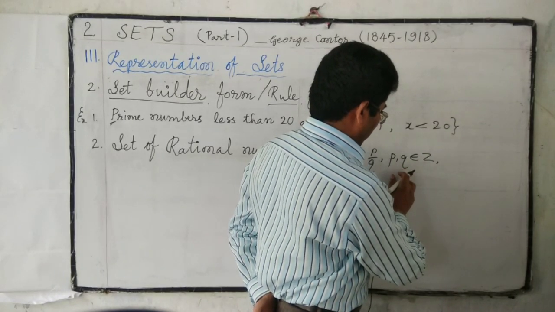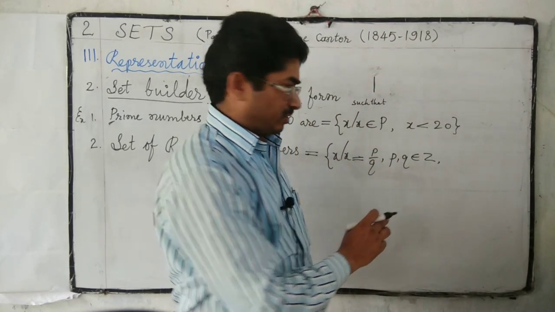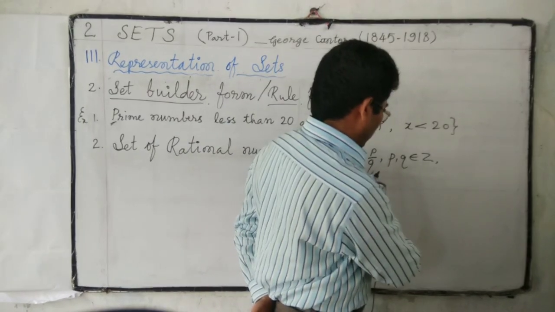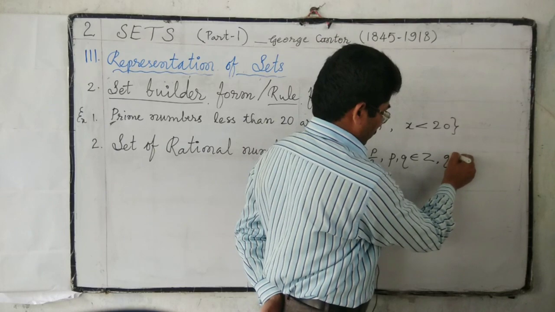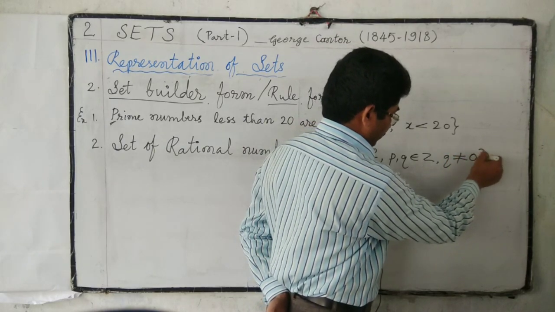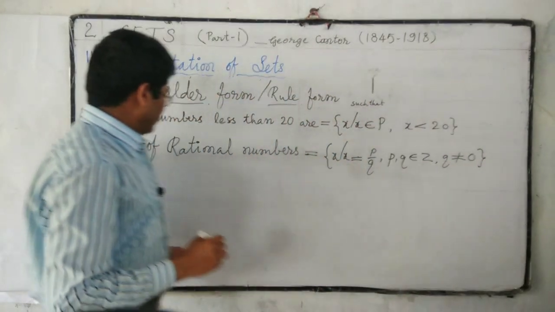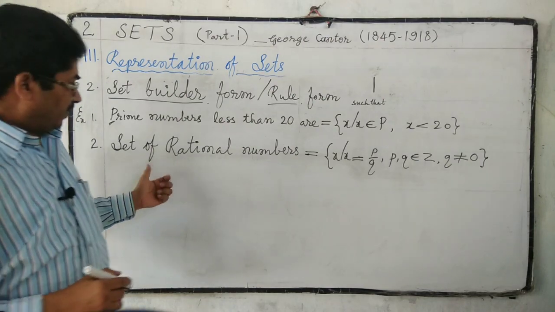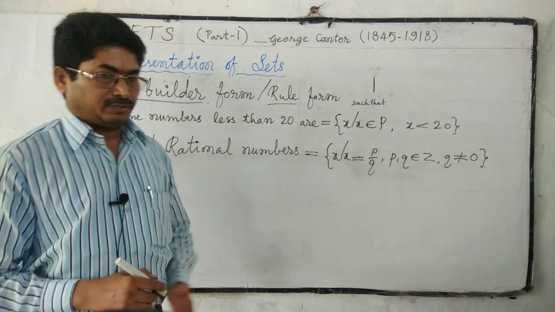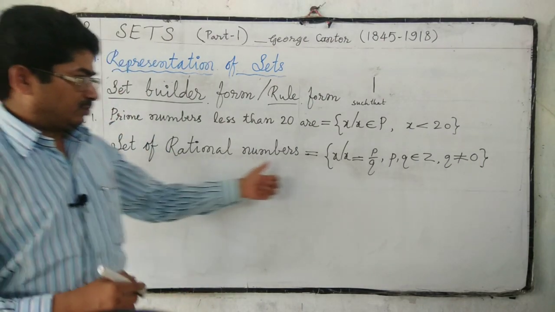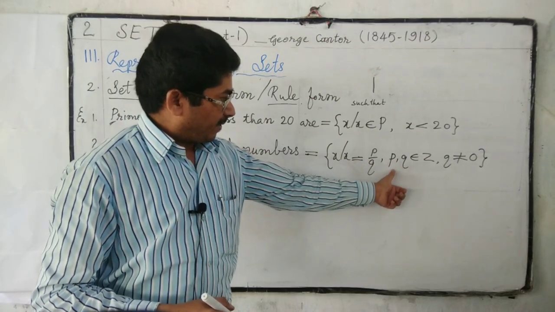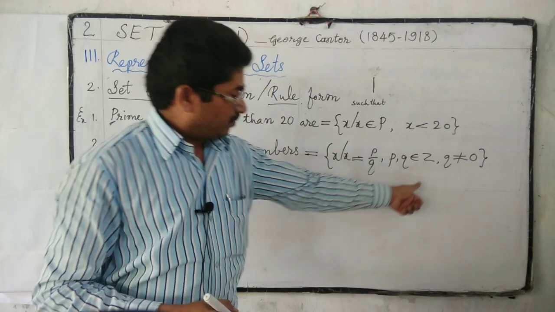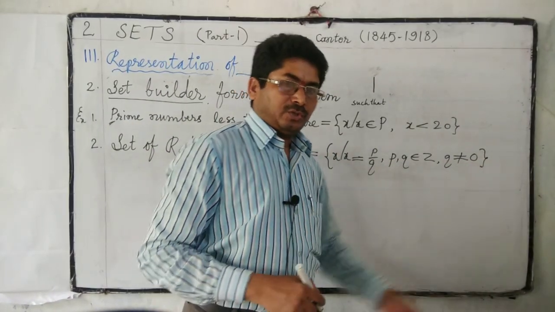And also here we have to write the condition: q not equal to 0, the denominator q not equal to 0. This is the set builder form for the set of rational numbers: x such that x is equal to p by q, where p and q belong to Z, q not equal to 0.